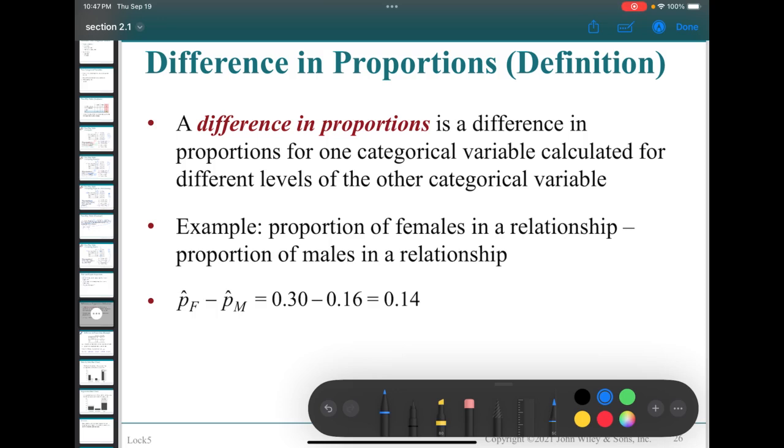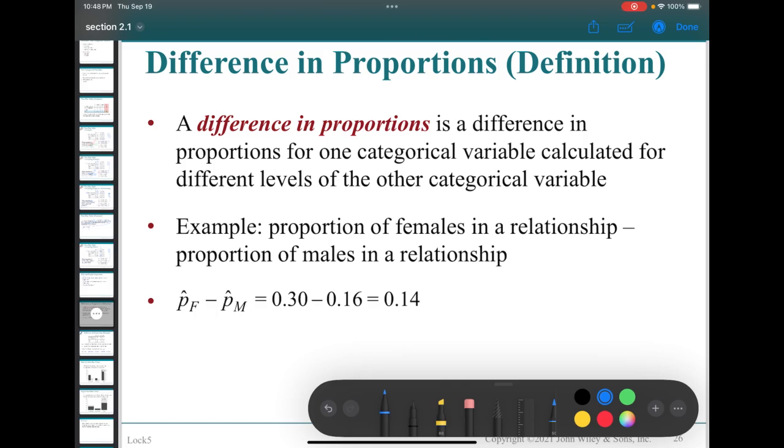Here we have two categorical variables: male/female is one, and the other is relationships. So we can find the particular difference as we want. For example, in our previous question, the proportion of females in a relationship and the proportion of males in a relationship.